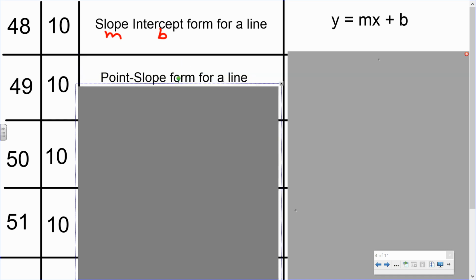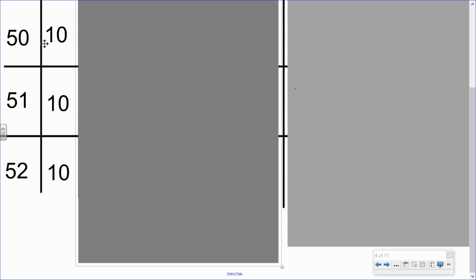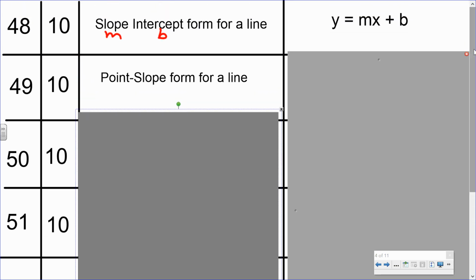There is another form for equations of lines that we may not have worked with a whole lot here at this school in our program, but it is the point-slope form of a line. And sometimes it's a whole lot easier if you use that instead of automatically doing everything with mx plus b.